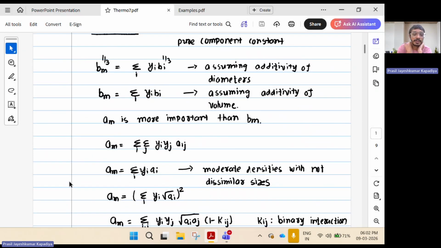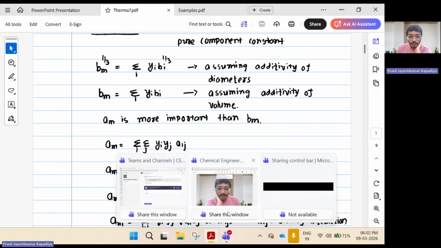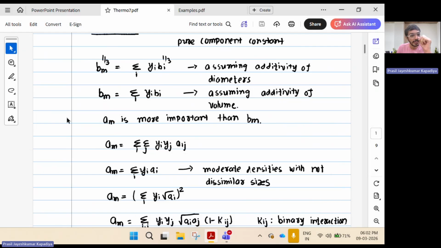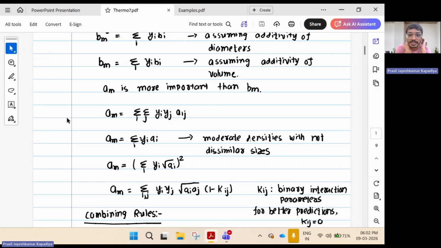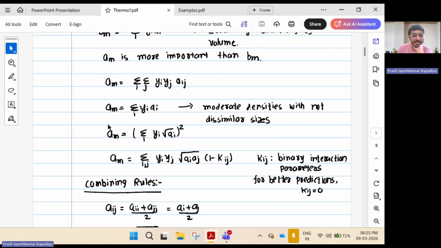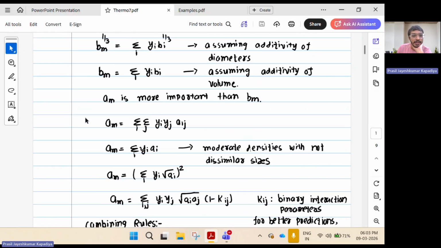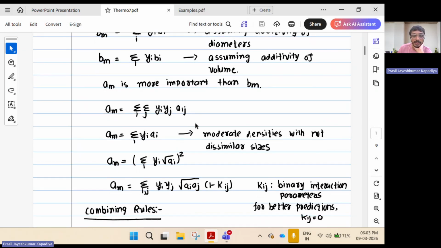But more than size, correctly inputting interaction parameters is more important for the mixture molecules. So for that, this a_m term is very important. There are many ways we define the interaction parameter a. One way for a_m is the summation over i, summation over j of y_i y_j a_ij. For this a_ij we use combining rules.